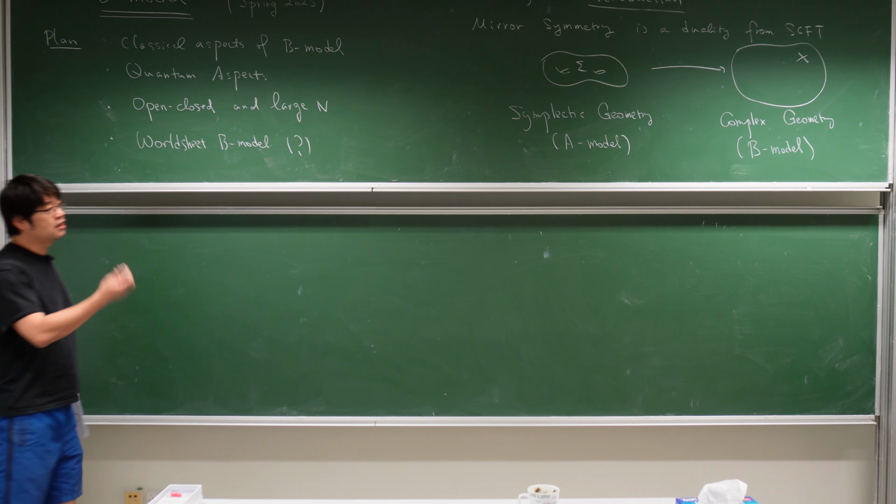Okay, on the other side, on the B-side, you can also do localization. You may sometimes have heard people saying that if you do localization in the B-model, it localizes to constant maps. A constant map somehow sounds much simpler, but this is not actually quite true.